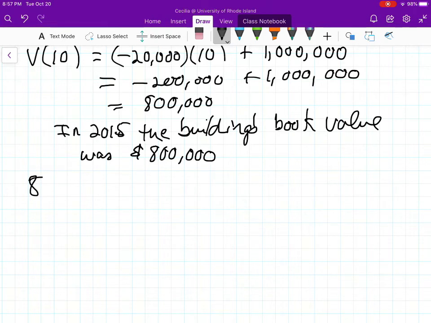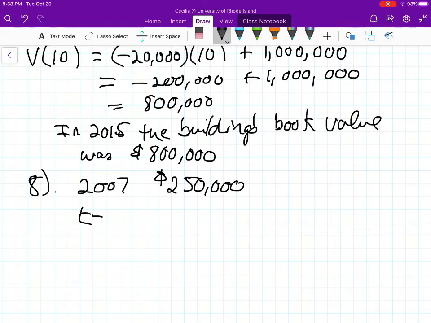The next problem is also a linear depreciation problem. So let's just start writing what it tells us. It says that in 2007, National Textile installed a new machine in one of its factories at a cost of $250,000. And this new machine is depreciated linearly over 10 years with a scrap value of $10,000.